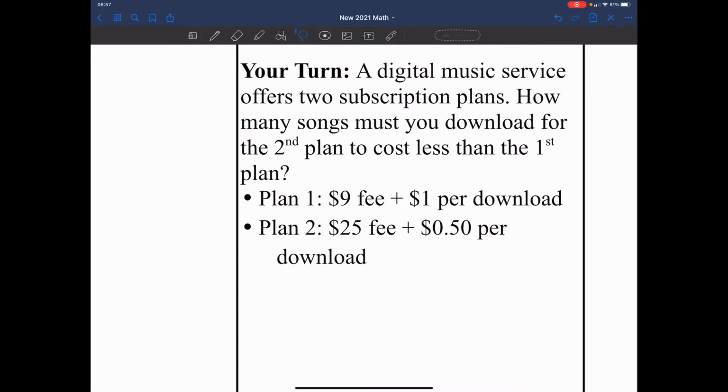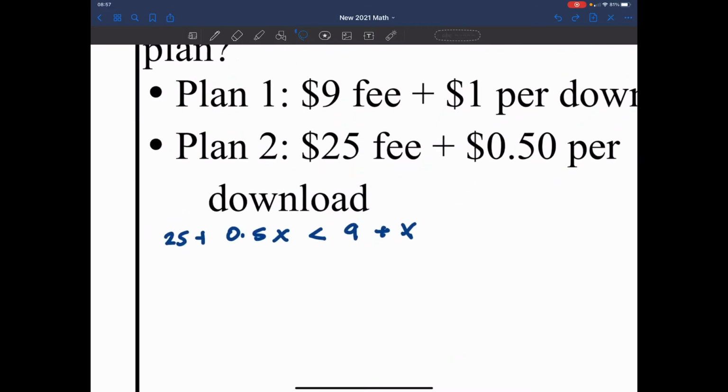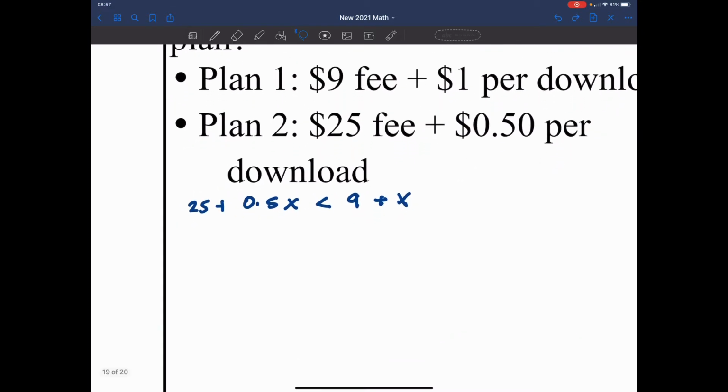So the first one is going to be 9 plus x, and then the second one is going to be 25 plus 0.5x. So I want to show that Plan 2 is less than Plan 1, so that's why I put Plan 2 before Plan 1. So I get 25 plus 0.5x is less than 9 plus x.